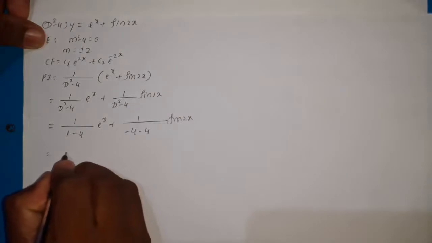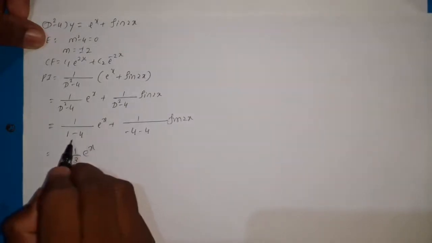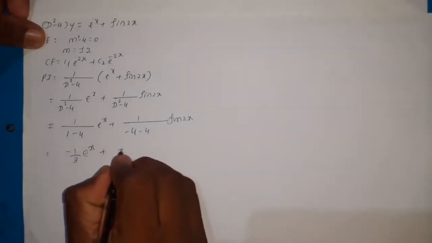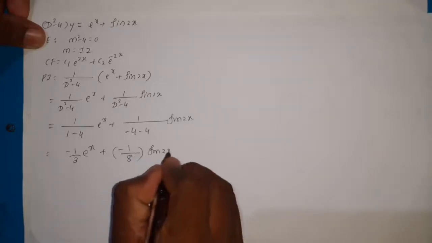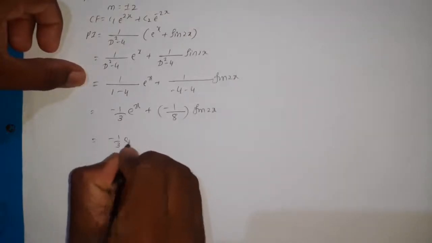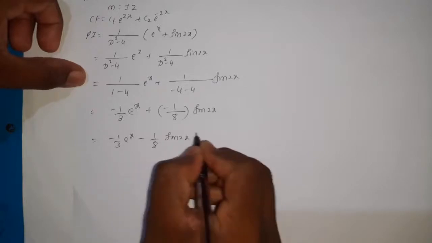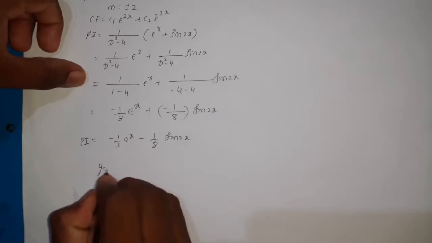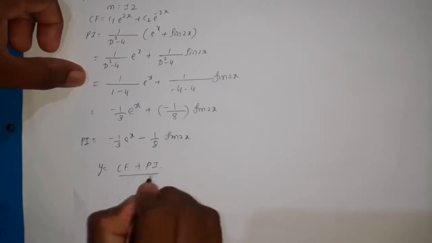So therefore minus 1 divided by 3 e power x, because it is minus 3, plus minus 1 divided by 8 into sin 2x. So this is minus 1 by 3 e power x minus 1 by 8 sin 2x is the particular integral. Then write the complete solution y is equal to CF plus PI.